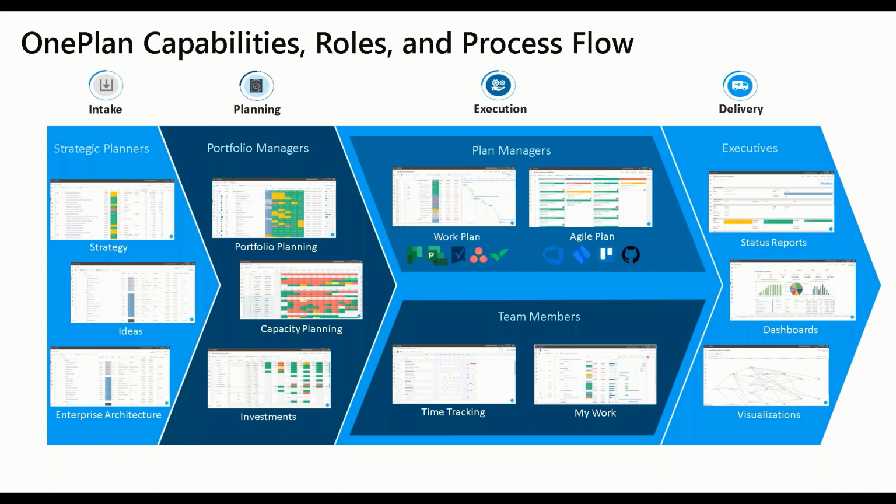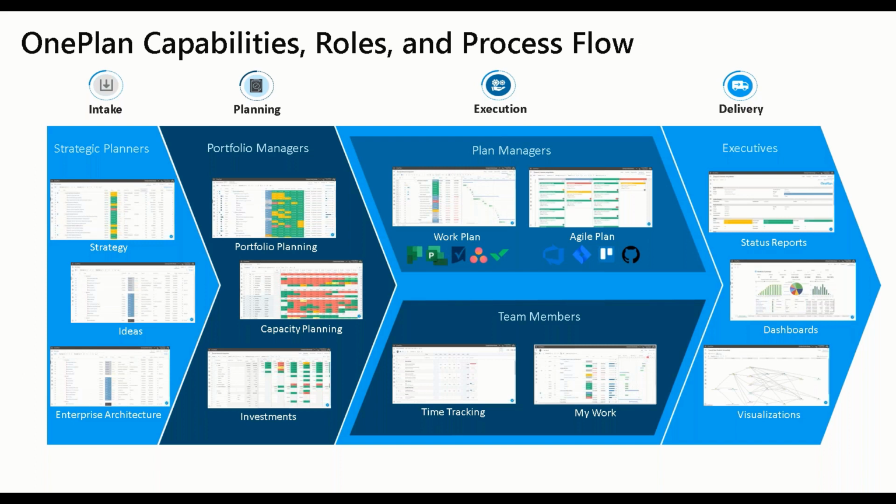Execution is very much tied to the delivery and making sure that projects or agile plans have tasks defined and are following governance. Team members are able to view their work either through a formal timesheet or through a My Work task page, so they can give us an update on the work that they're doing.